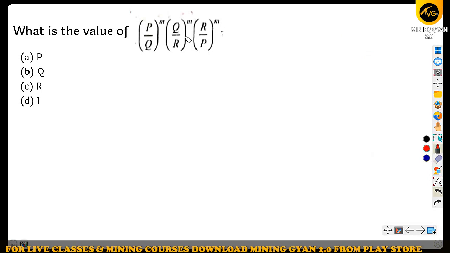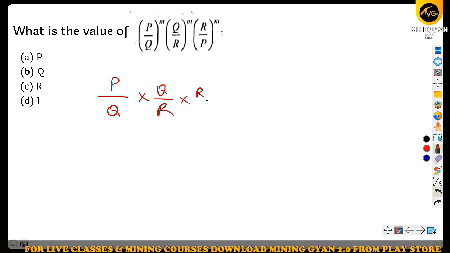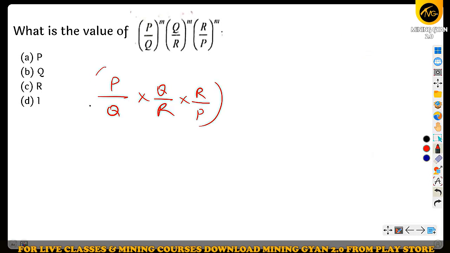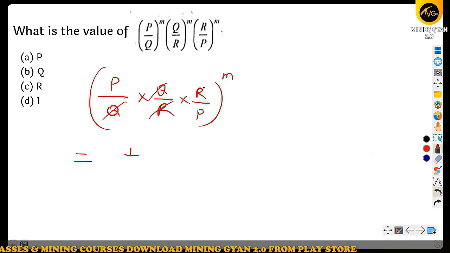That means if the powers are same, we can easily write down P divided by Q into Q divided by R into R divided by P, and whole power is M. That means Q cancel, R cancel, P and P cancel.